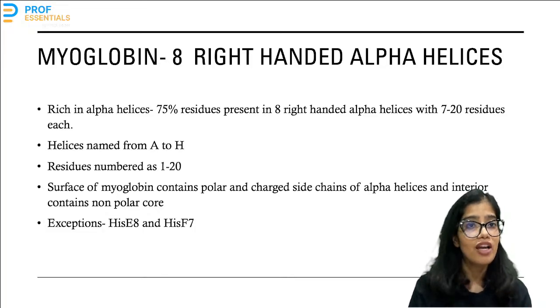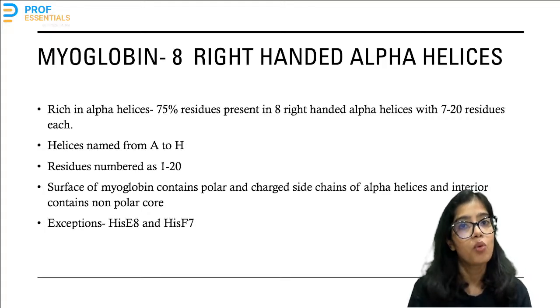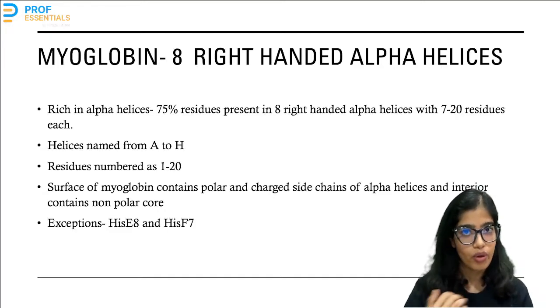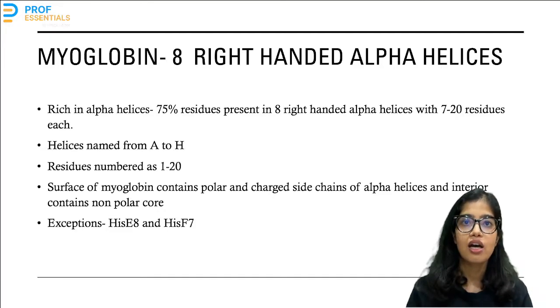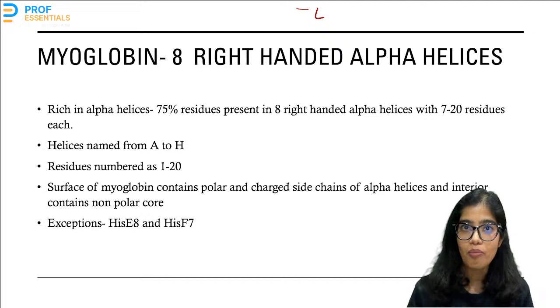Okay, 75% of myoglobin is composed of right-handed alpha helices. Alpha helices, we read in the last session, all the stable alpha helices are right handed. Why? Because all the amino acids exist in an L form. All the alpha amino acids exist in an L form.